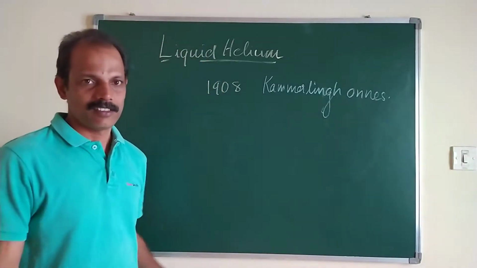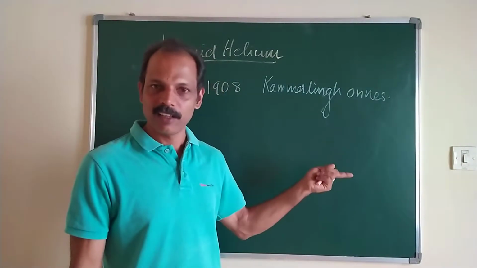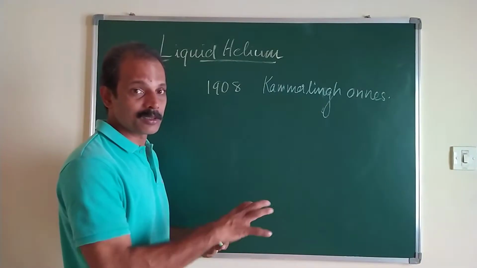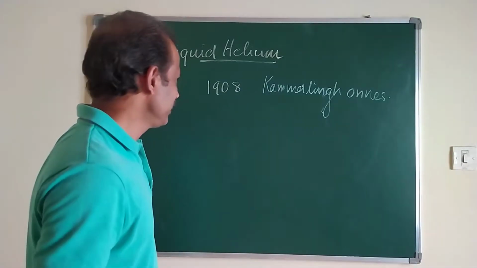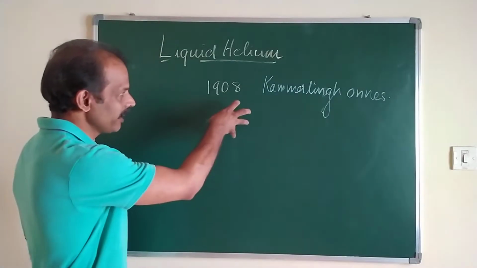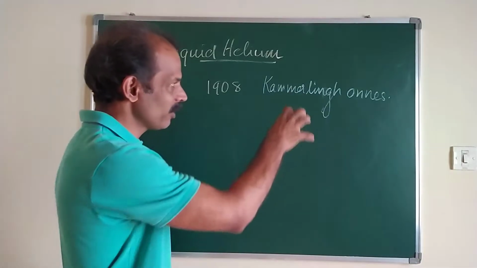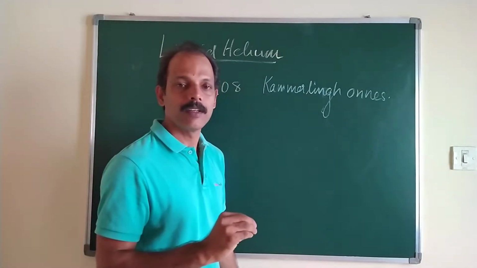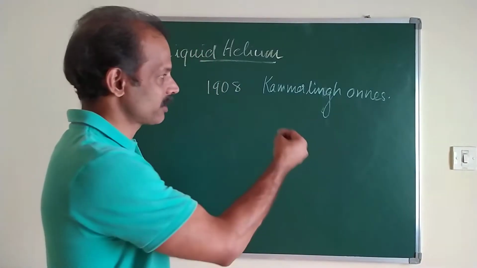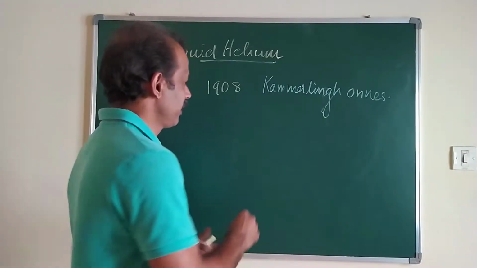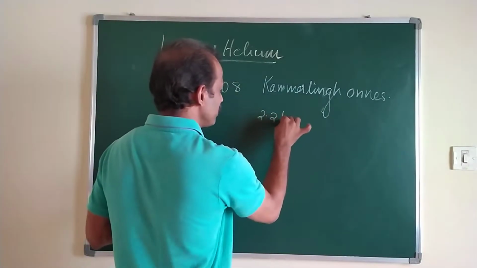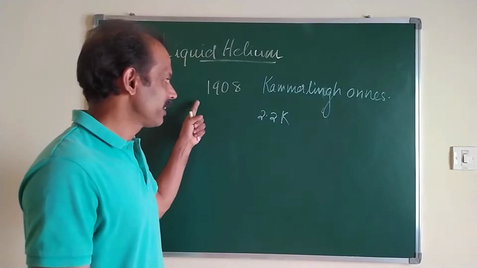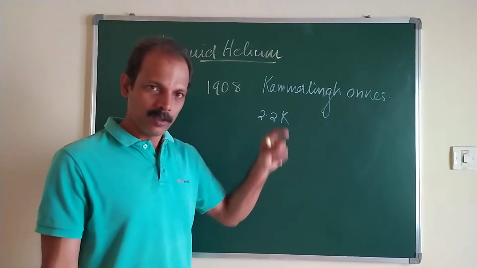You all know who Kamerlingh-Onnes is, a very famous name related to superconductivity. So in 1908, Kamerlingh-Onnes succeeded in liquefying gaseous helium at 2.2 Kelvin. So at 2.2 Kelvin, gaseous helium is converted to liquid helium.